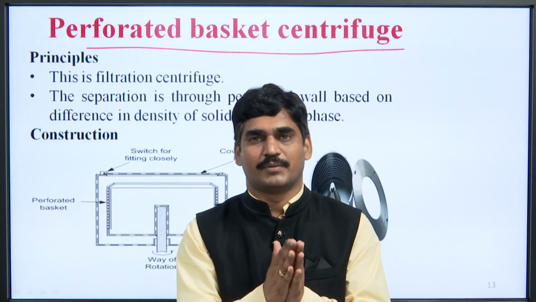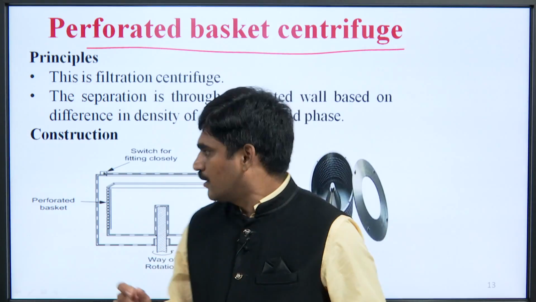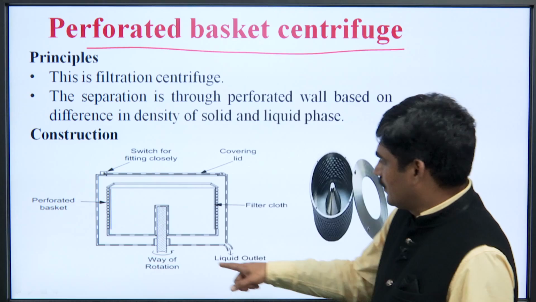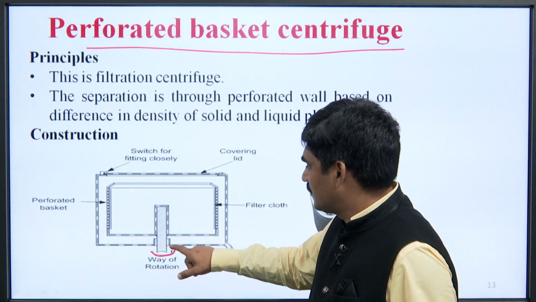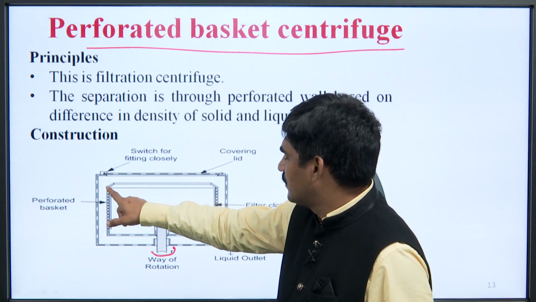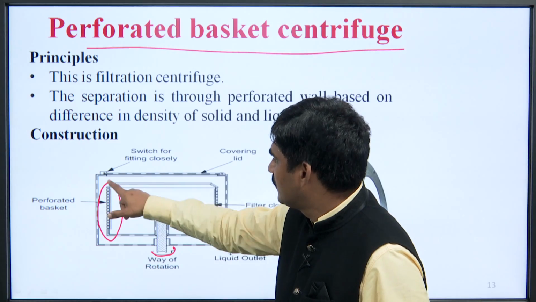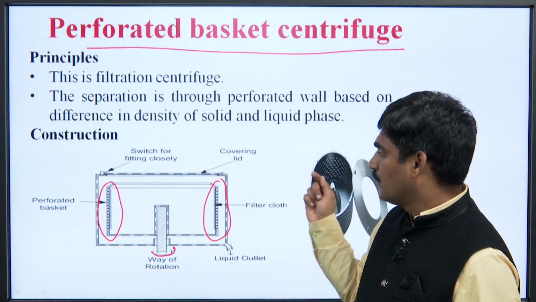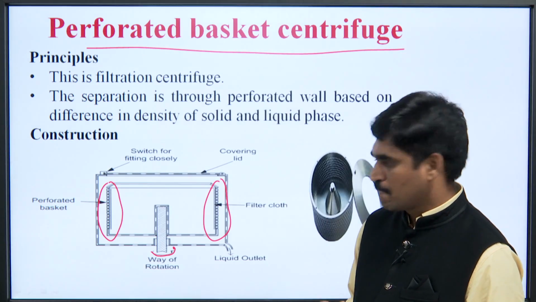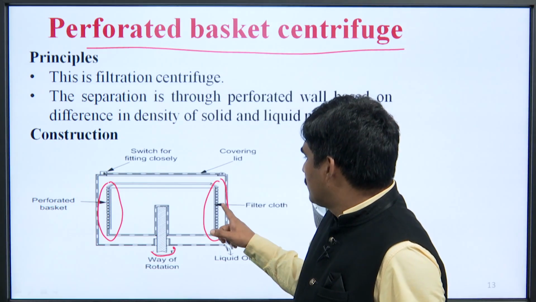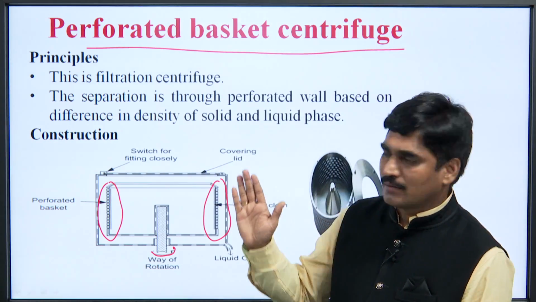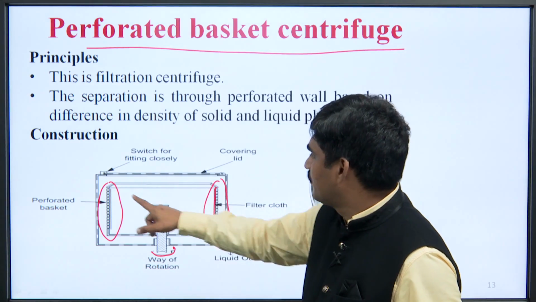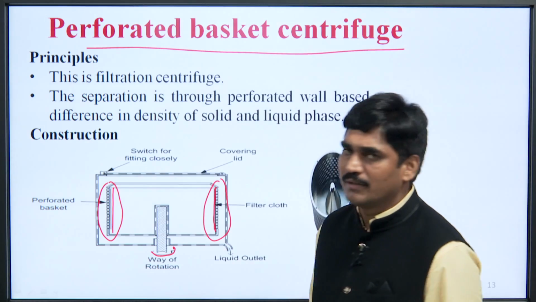Now, the construction of this perforated centrifuge. This is the direction of rotation of the centrifuge. On the side walls of the centrifuge there is perforation, that means holes are there. Above this perforated wall, a filter cloth is present.